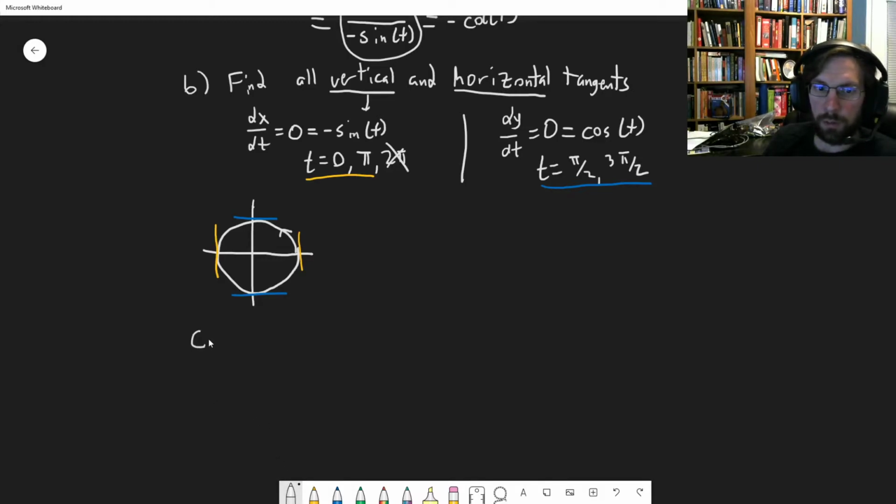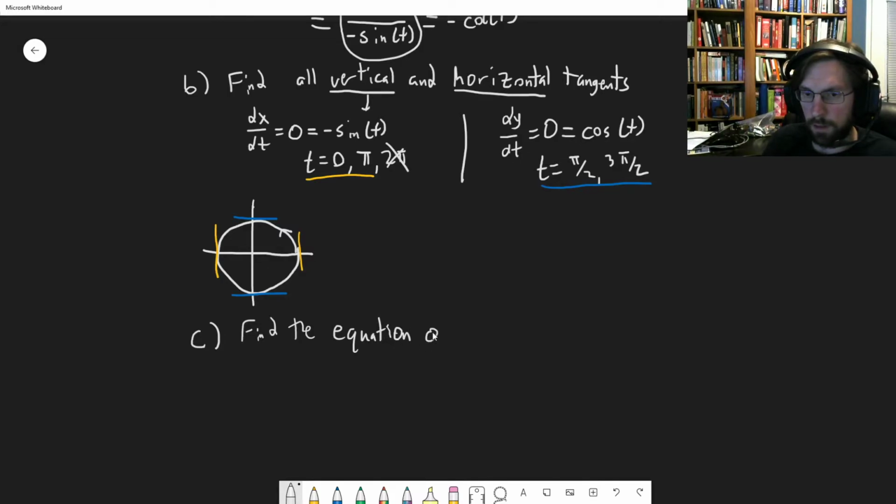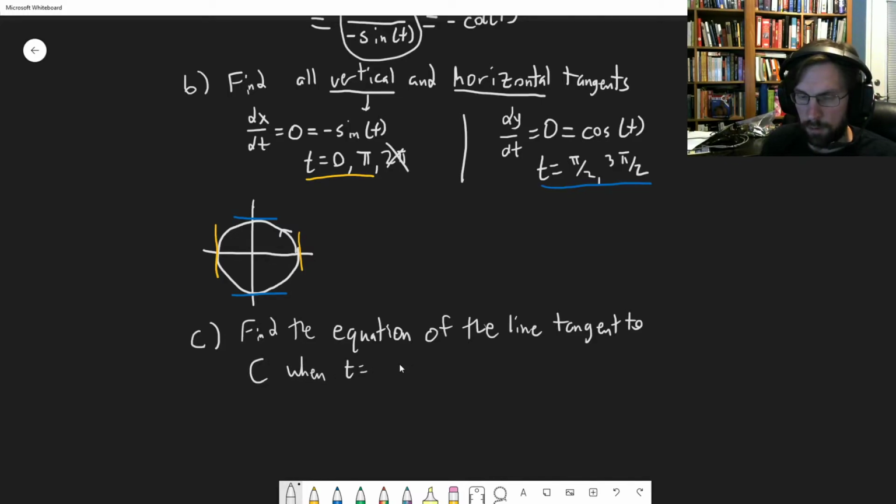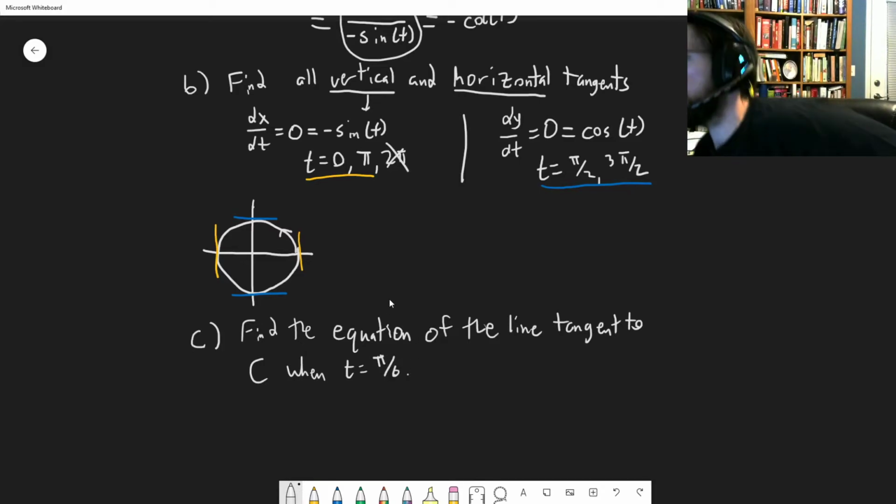Okay, something it's also important to remember how to do is we can find the equation of a tangent line. Okay, so we can do something like this.